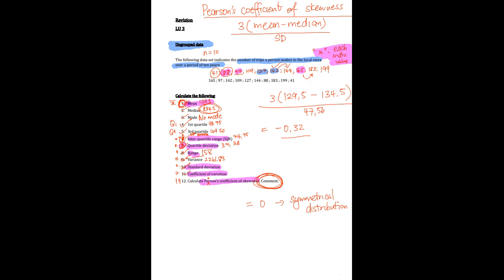If you have an answer that's greater than 0, you will say that the data or the data set is positively skewed. And then literally the opposite, if you get a value that's less than 0, you will say that the data set is negatively skewed.